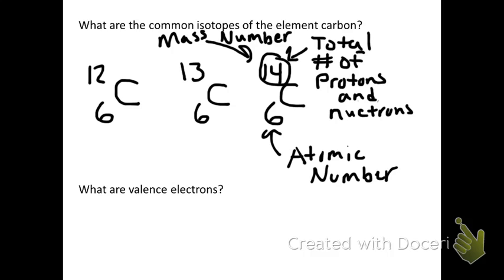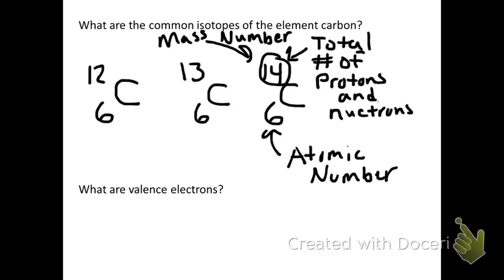So with carbon-14, it has a total of 14 protons and neutrons added together. Well, if we know that carbon has 6 protons already, then 14 minus 6 gives us the number of neutrons, and that would be 8 neutrons. So we know that carbon-14 has 8 neutrons and 6 protons.